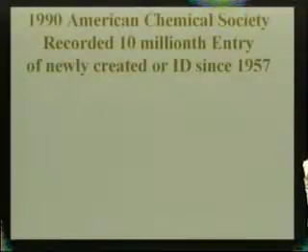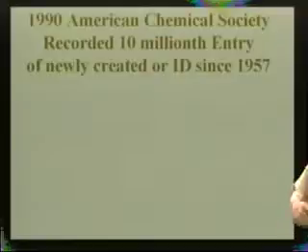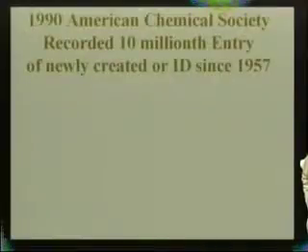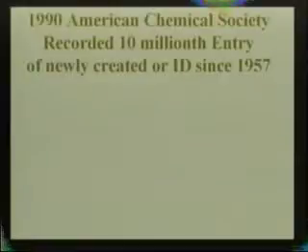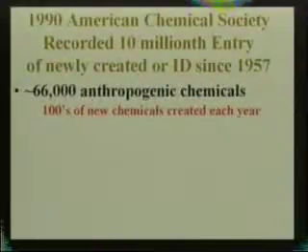Some of these are newly created chemicals by us, or they're simply natural things we hadn't identified before. 10 million, in what, a 30-year period. A lot to think about.